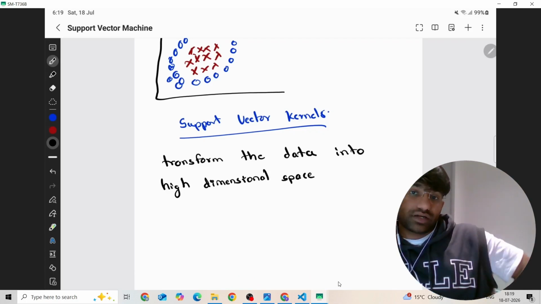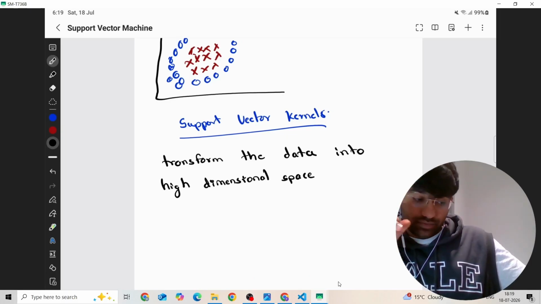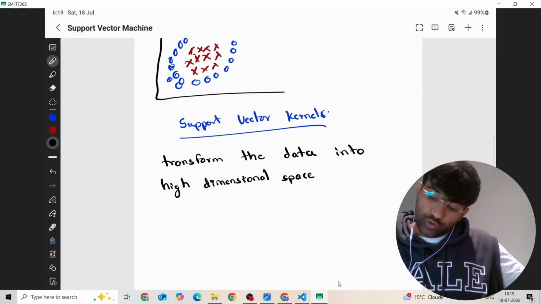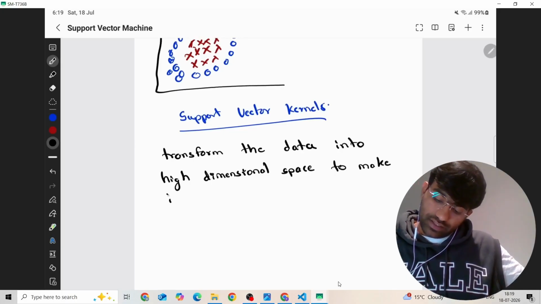Why will it make the transformation? To make it linearly separable.